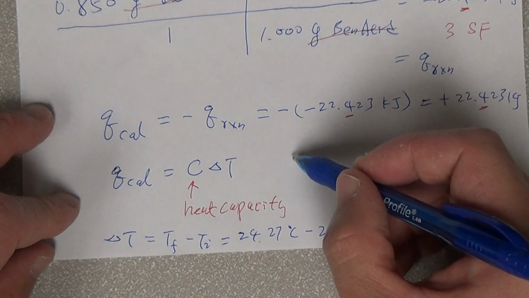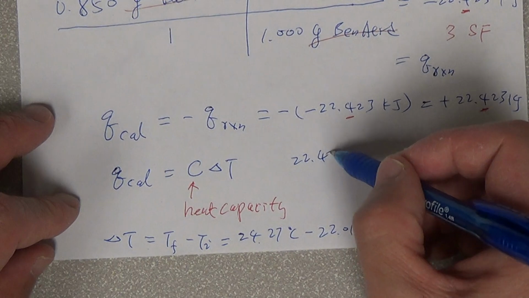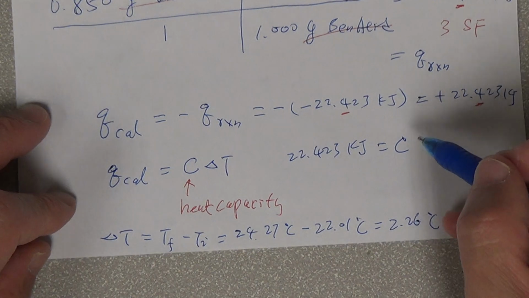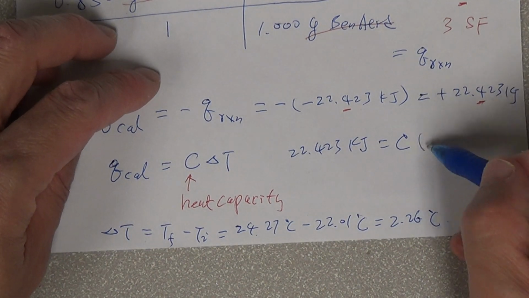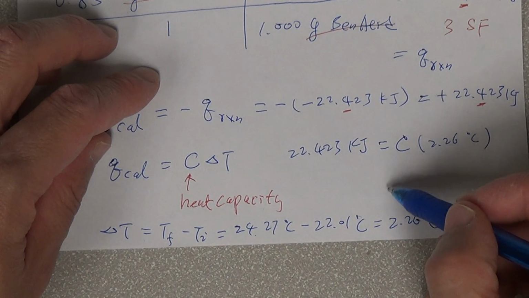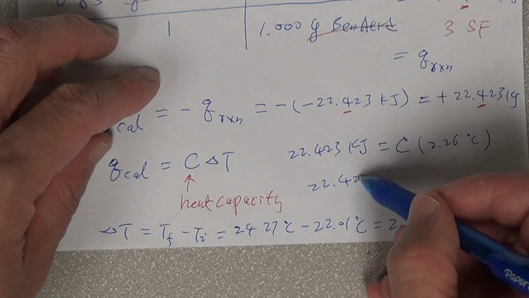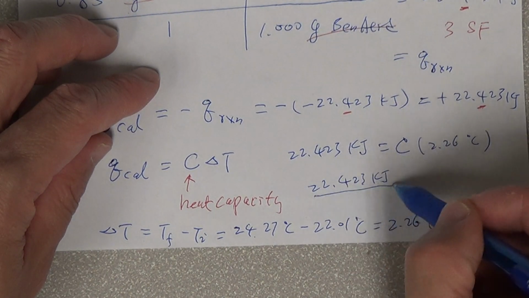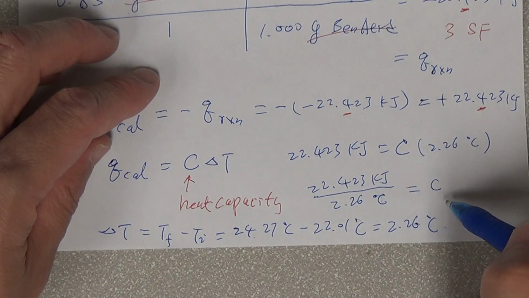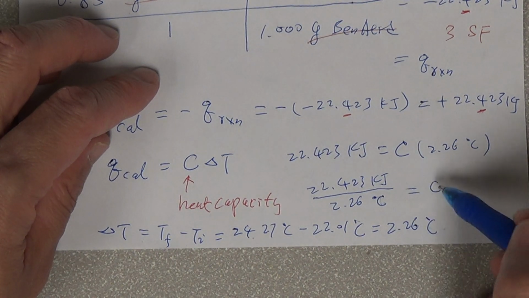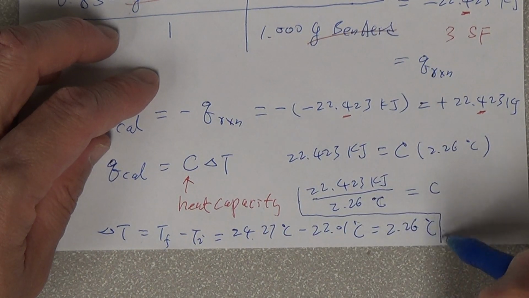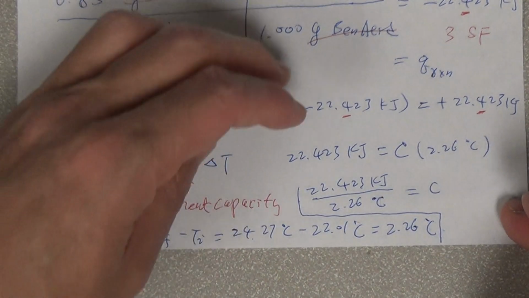So 22.423 kJ equals C, which you don't know, keep it as unknown, times delta T, which is 2.26 degrees Celsius. Therefore 22.423 kJ divided by 2.26 Celsius equals C. And you divide, and you find out what C is.